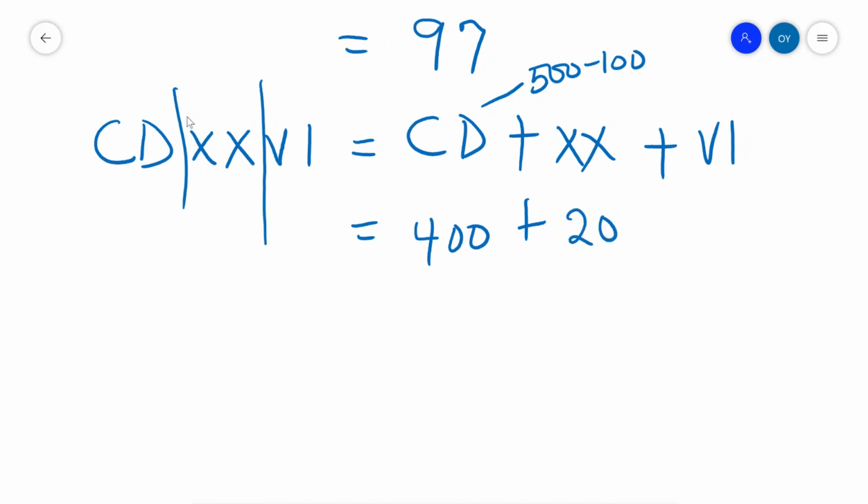X represents 10, so 10 times 2, that is 20. Then VI. V is 5, I is 1. So that is 6. So this should give you 426. You can check, is that correct? If that's correct, you can give yourself a big clap.